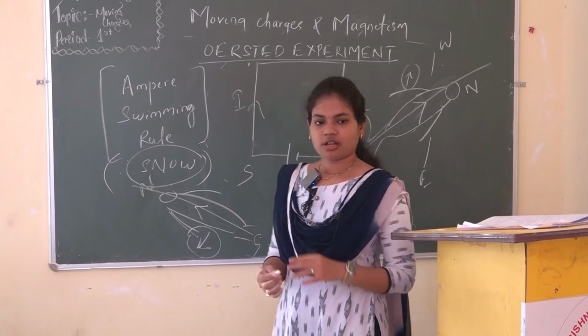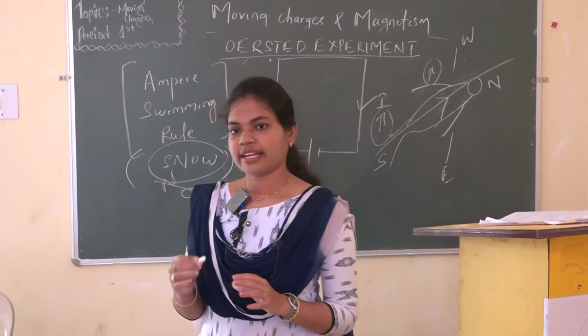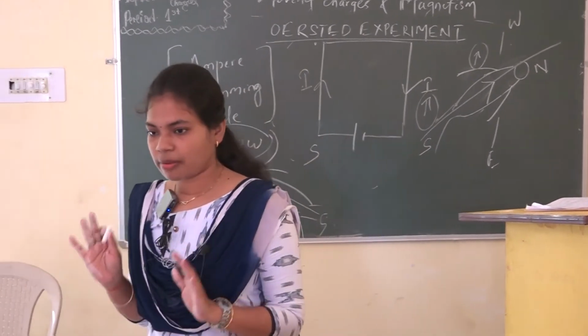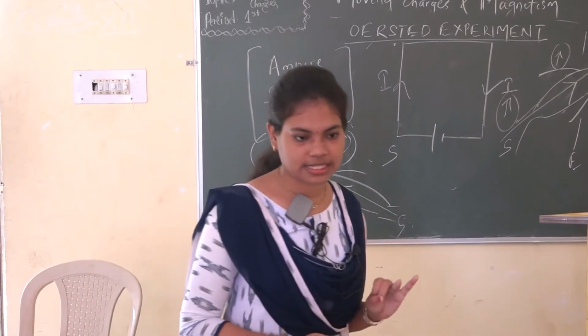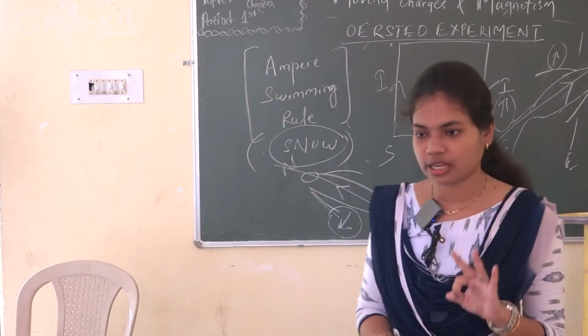From the above discussion, we have concluded that magnetism is not only due to a magnet, it is also due to a current carrying wire, moving charges, and moving electrons.